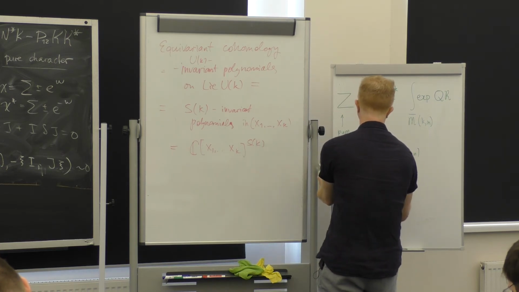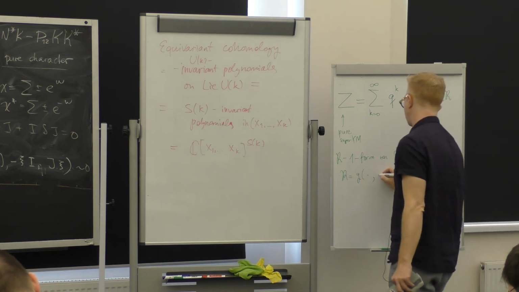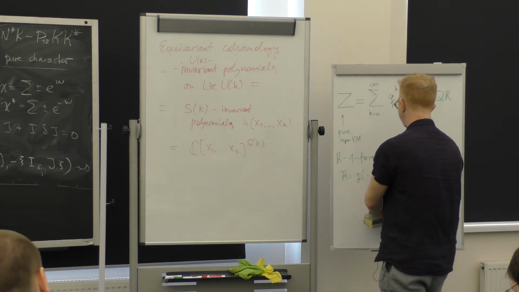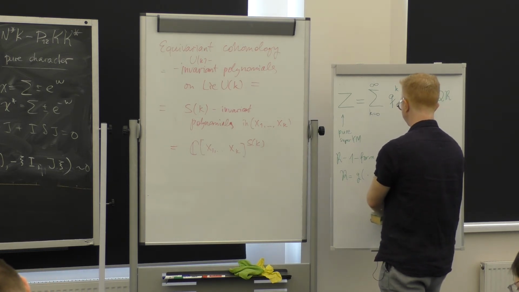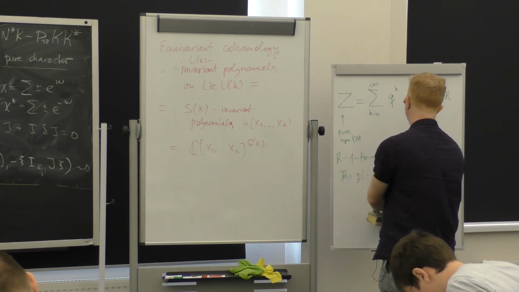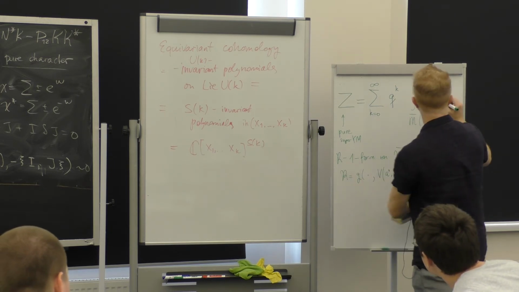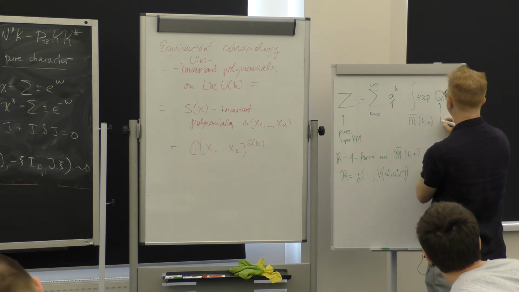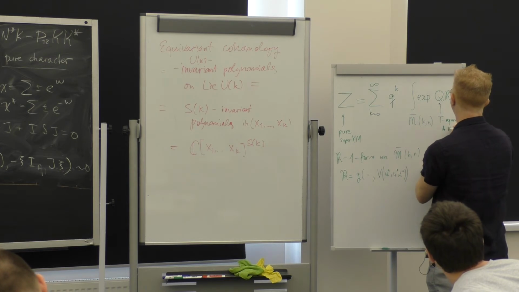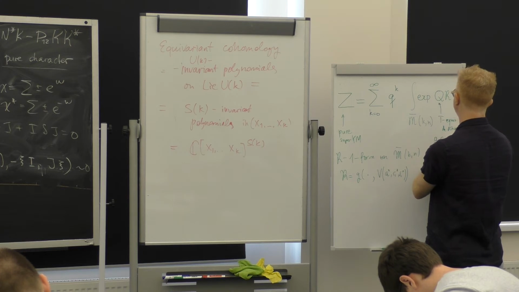It's given by the contraction, using the T invariant metric, with the vector field which is generated by some infinitesimal global transformation with parameters A star, epsilon 1 star, epsilon 2 star. So Q is the T equivariant de Rham differential. It depends on the parameters A, epsilon 1, epsilon 2.